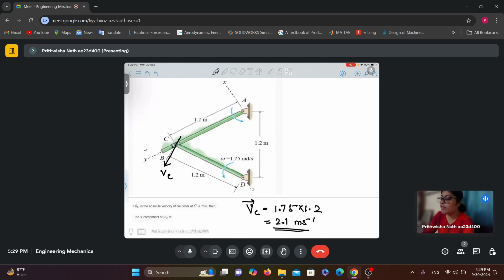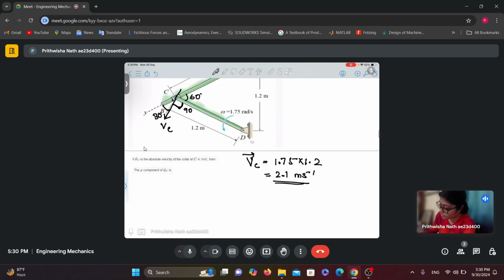So from this triangle we can see that since this is 60, this angle is 90, so this angle would be 30, right? So the x component, therefore VC, how can you write VC?